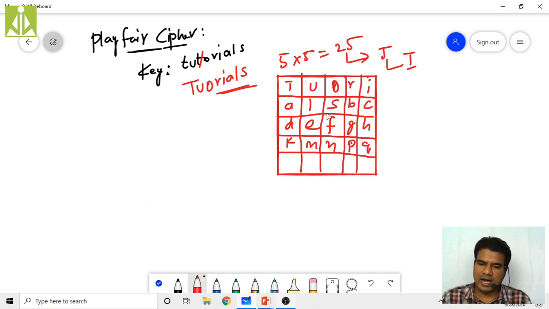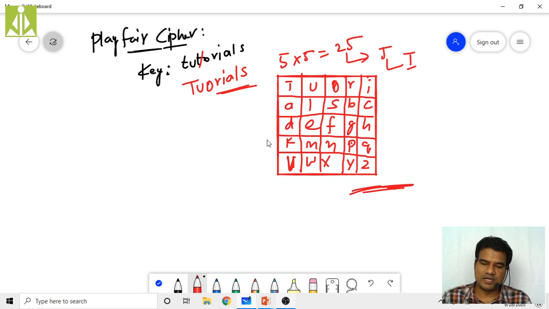R, S is also there. T is also there. First we'll get U, U is also there. So V, W, X, Y, Z. Like this, we form the complete key table. We are calling this the key table. We'll form the complete key table.